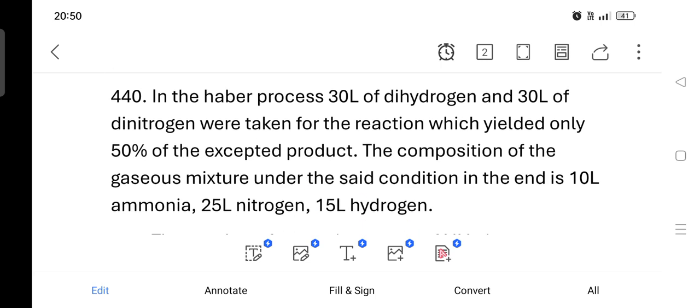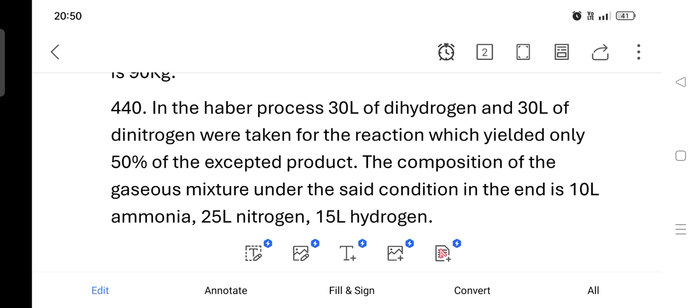In the Haber process, 30 liters of dinitrogen and 30 liters of dihydrogen were taken for the reaction, which yielded only 50% of the expected product.